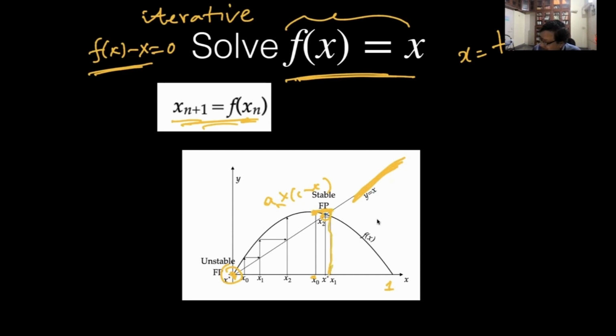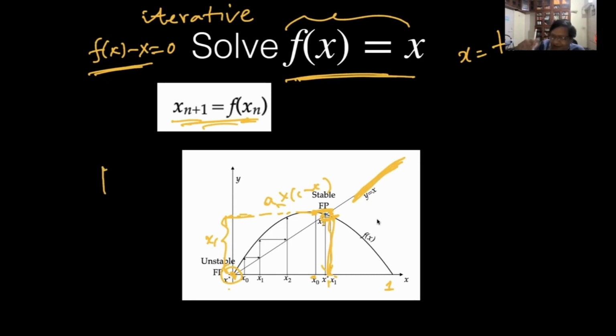You just push it to the horizontal line, and this is the box, in fact a square. Once you get x1, then you find the value of the function at x1, which is going to give x2.